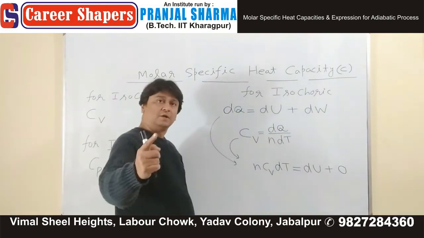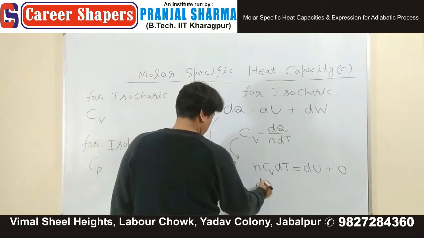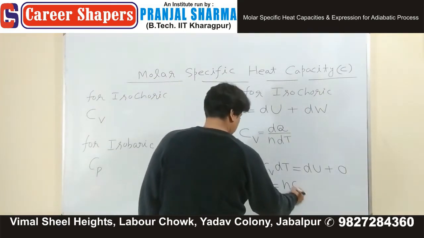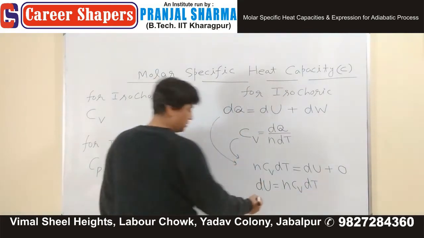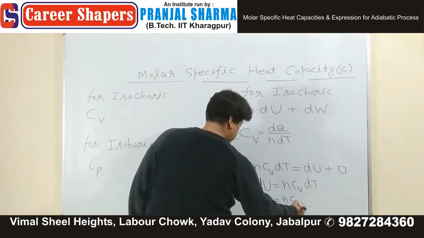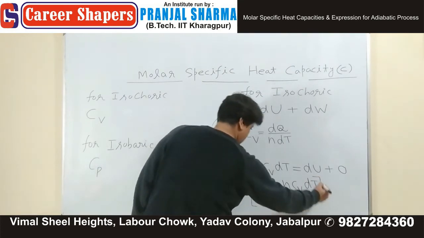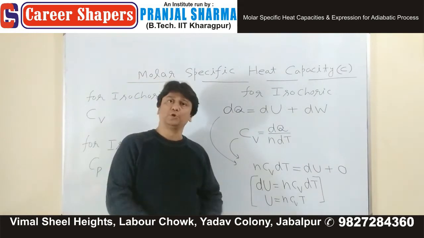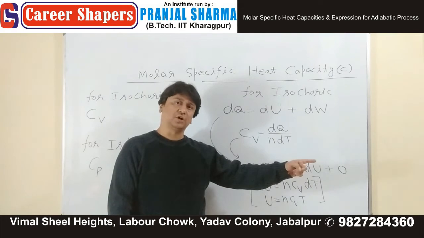Concept of molar specific heat capacity gives us that du is NCV dt or U is NCV T. In the very first lecture of thermodynamics, I told you that internal energy of a system depends on its temperature.